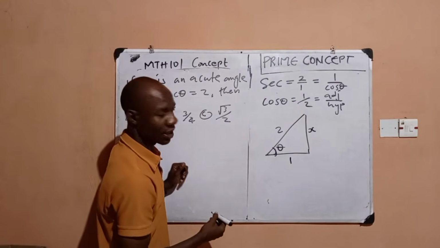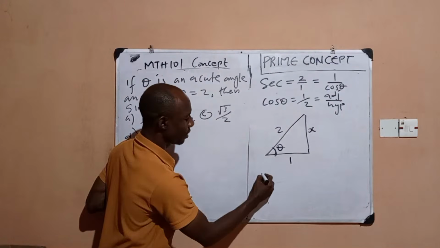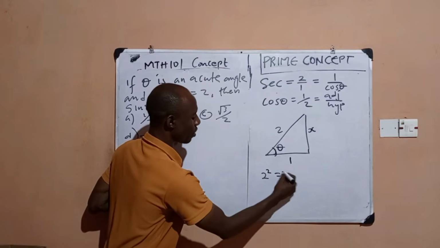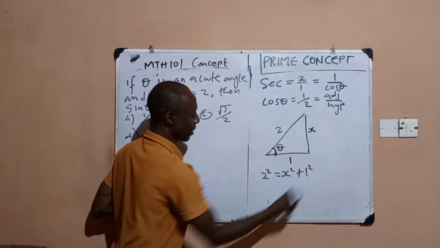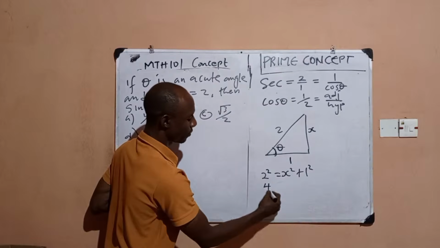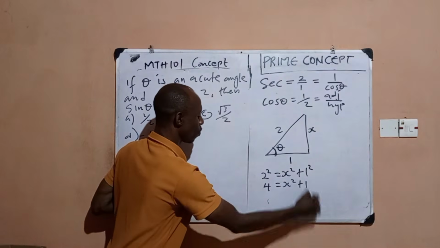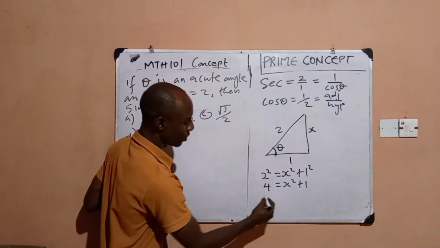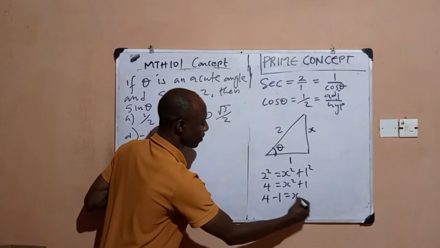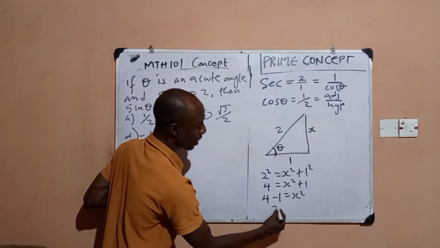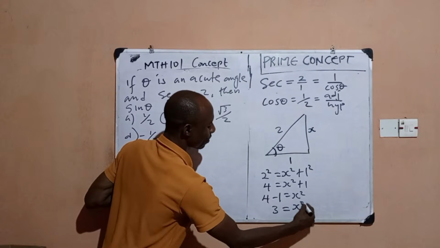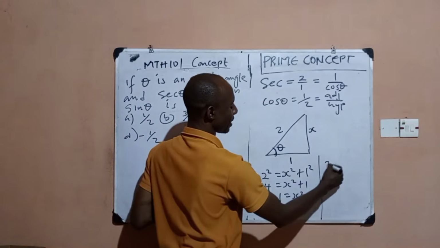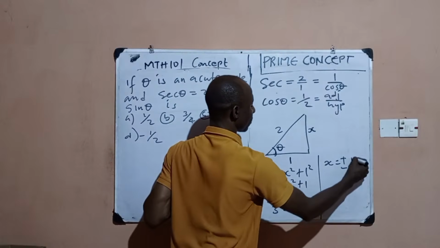We use Pythagoras theorem. We're going to say 2 squared equals x squared plus 1 squared. 2 squared is 4 equals x squared plus 1, because 1 squared is 1. So I'll say 4 minus 1 equals x squared. 4 minus 1 is 3 equals x squared, which means that x is equal to plus or minus square root of 3.